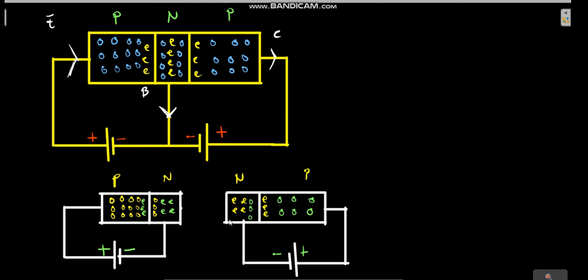What is happening is that all the diodes are forward biased. You can see that the positive is connected to the positive and the negative side to the negative side. Same here, the negative to the negative, and the positive to the positive. So all the diodes are forward biased.